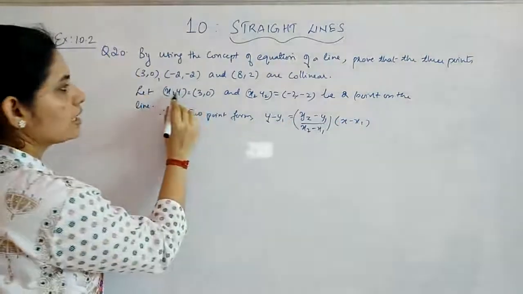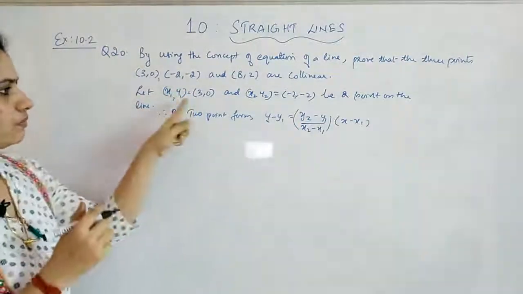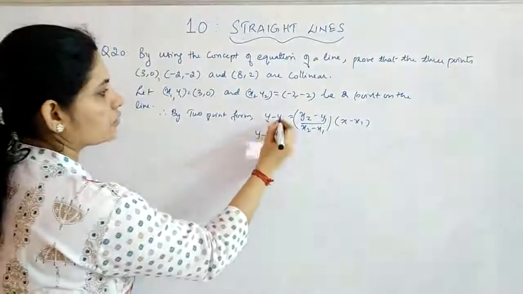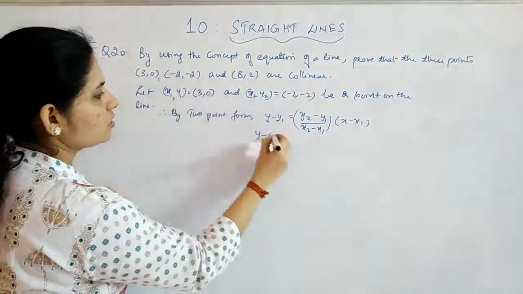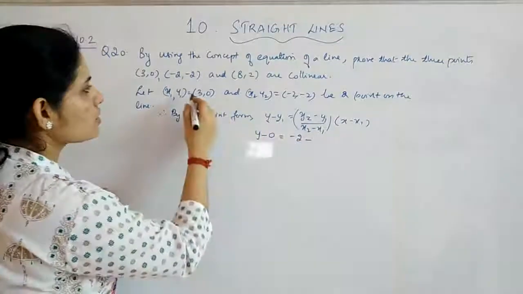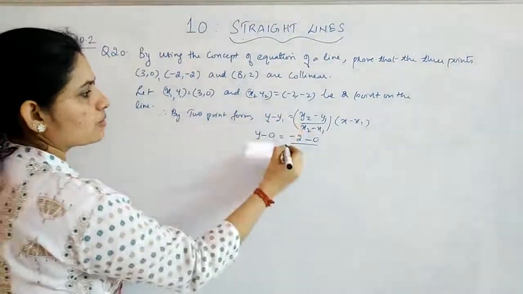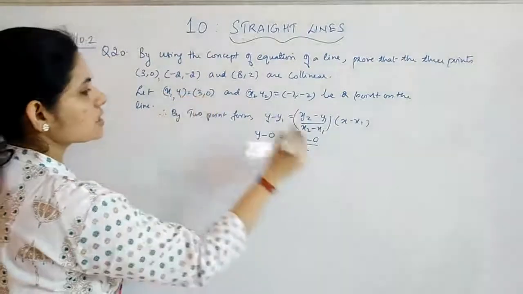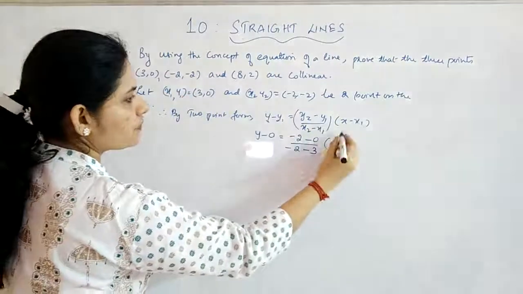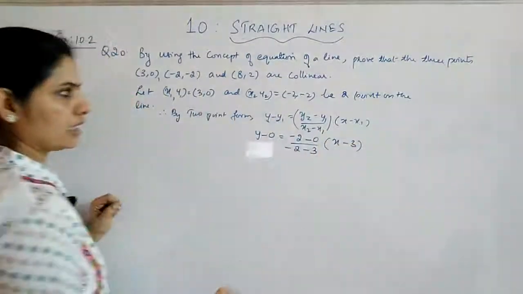Replacing the values, y minus 0 is equal to (-2 minus 0) divided by (-2 minus 3) into (x minus 3).